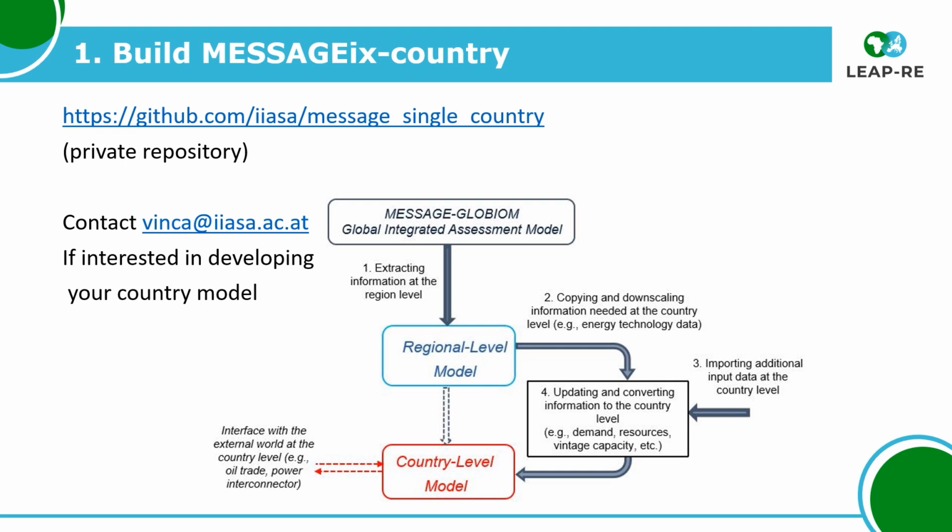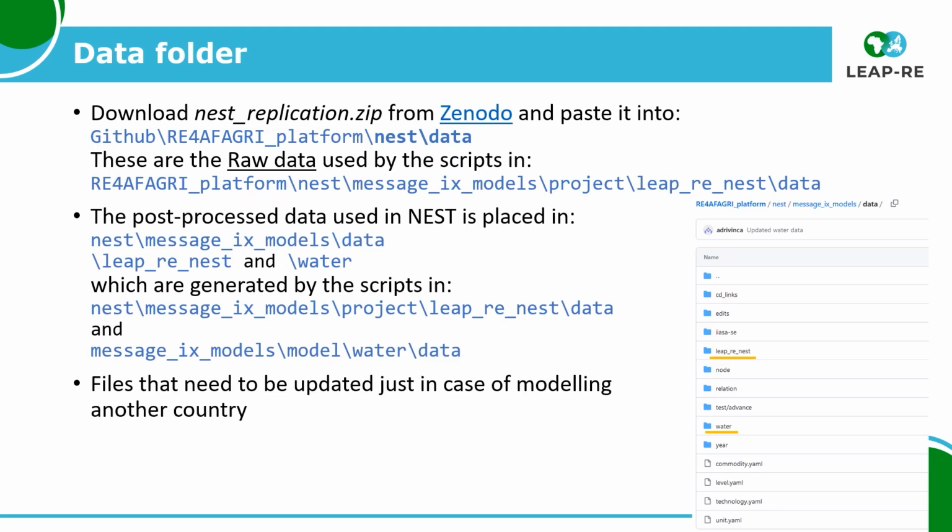Now, very important, we are going to look at some data. In the previous section, I haven't talked about data so much, especially the raw data, but I showed you that there are several R scripts in the RE4AFAGRi GitHub repository that draw data from somewhere else, which was not included in the GitHub repository for space reasons.